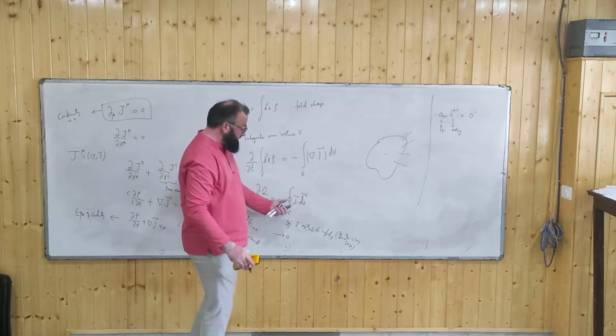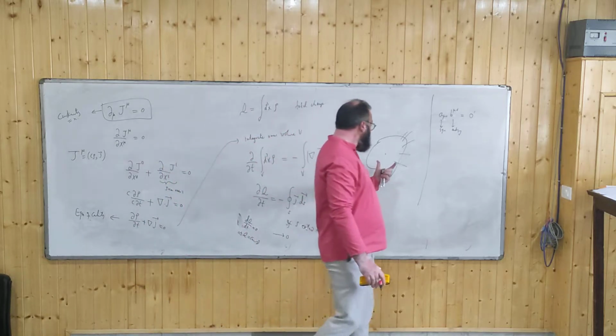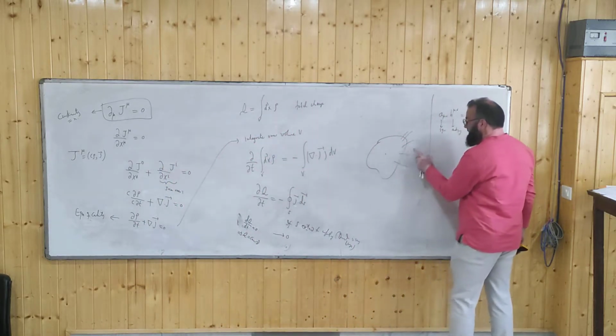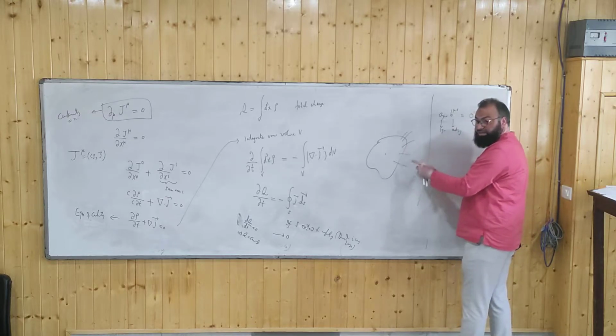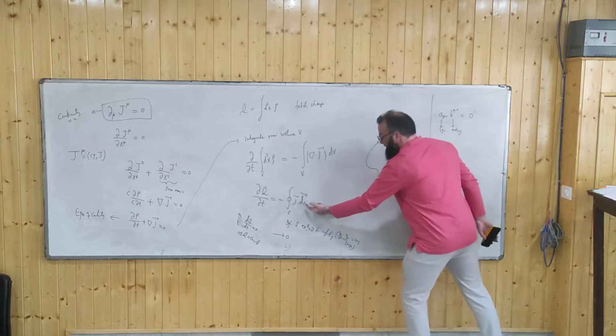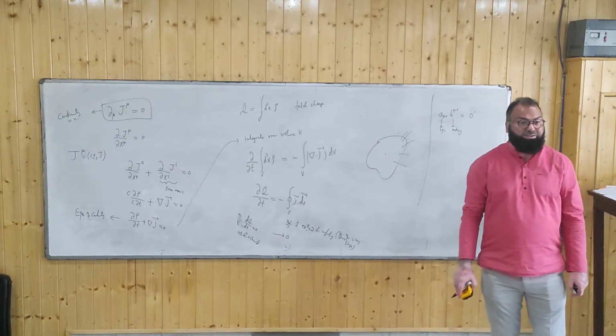So it is still conserved here as well, because the rate of change of charge in a given region will appear across the boundary as the current, as a flux density, and that flux density will be represented by the current density. Clear?